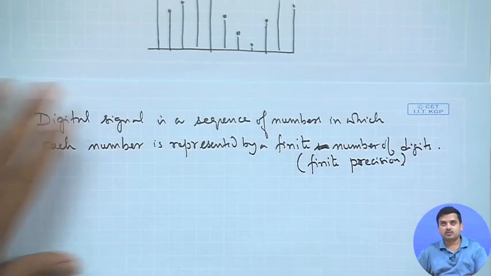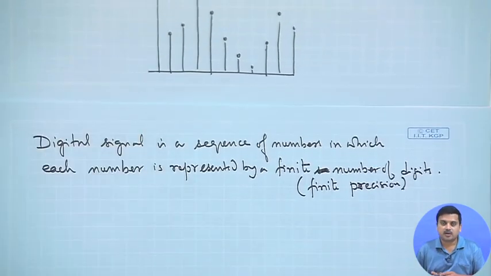Now, why is this so? Why do we have this kind of a constraint? One of the reasons is when we are dealing with these digital sequences, we are basically talking about finite systems, because all practical systems are finite in nature. So, if I have a particular value, if I do not fix the precision of it, then I will require infinite memory. Or looking at it in a reverse way, generally the numbers which we can process in the digital form, we fix the word length of that number, we have finite precision.